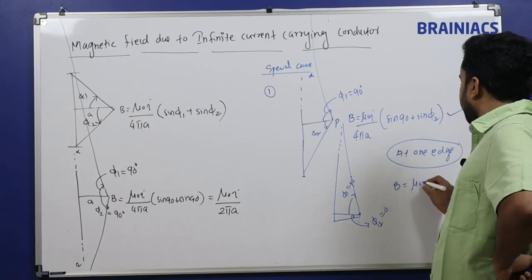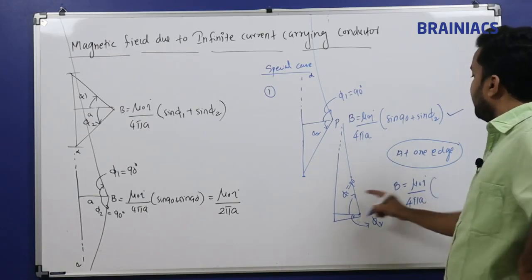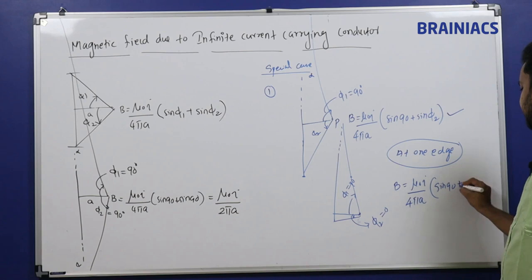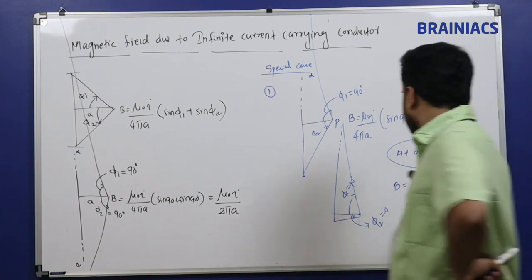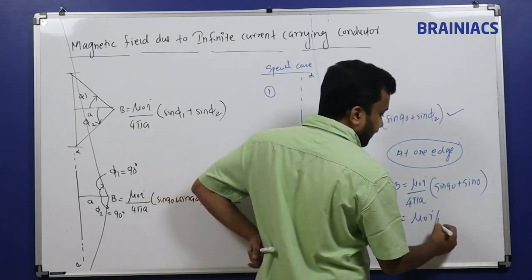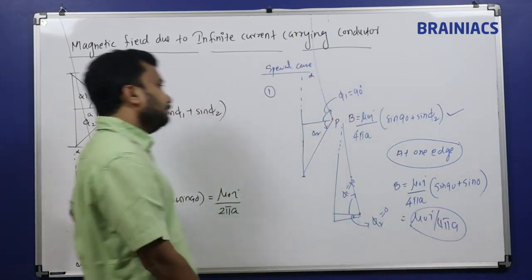Mu 0 I divided by 4 pi A, sine phi 1 is sine 90 plus sine 0. Sine 0 is 0, sine 90 is 1. So your formula is mu 0 I divided by 4 pi A. So remember this.